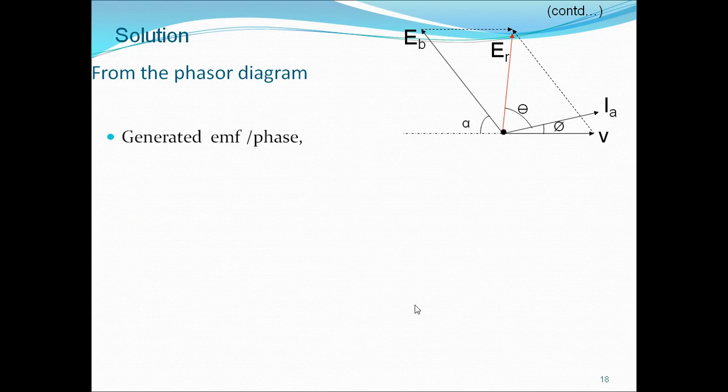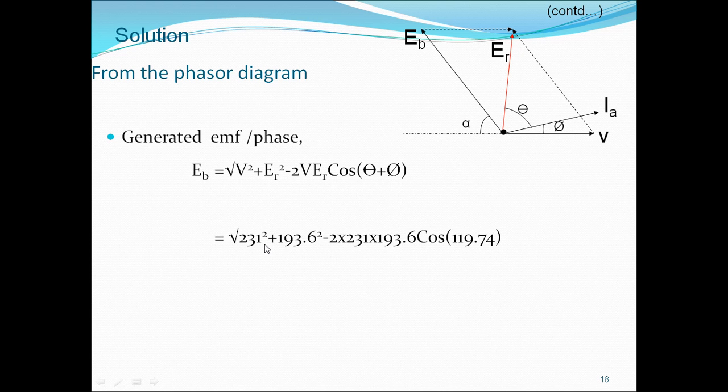So next, from this phasor diagram, generated EMF EB is equal to square root of V square plus ER square minus 2 into V into ER cos of theta plus phi, that is equal to square root of 231 square plus 193.6 square minus 2 into 231 into 193.6 into cos of 119.74 degrees.